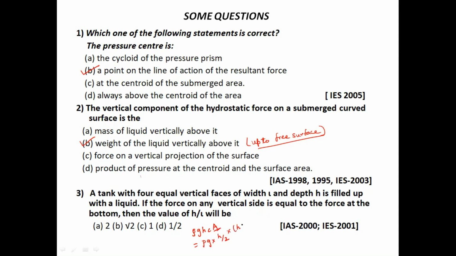That is H into L. This much force is acting over this vertical surface. On the other side, at the bottom face, the force is rho g into H into L squared.